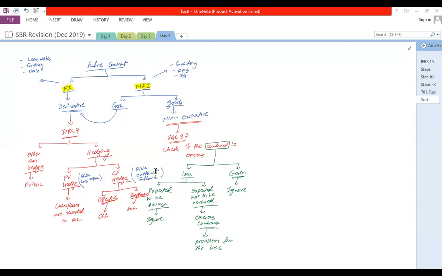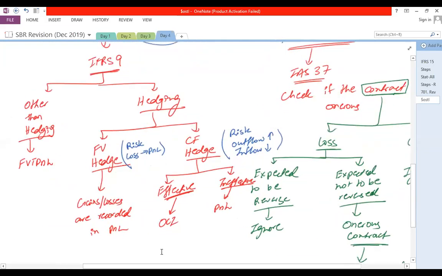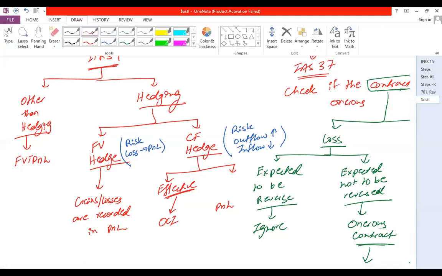Why are we going to solve the past paper? Now why? Hannah wants to zoom in on the cash flow hedge. Hannah, this is ineffective. Maybe that's what you are finding difficult to understand.